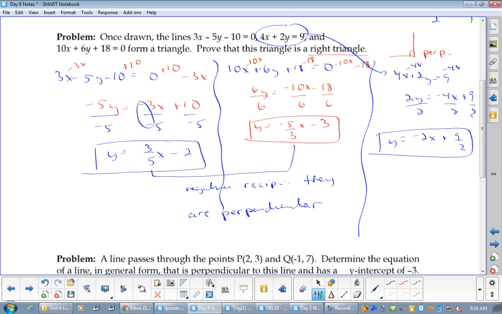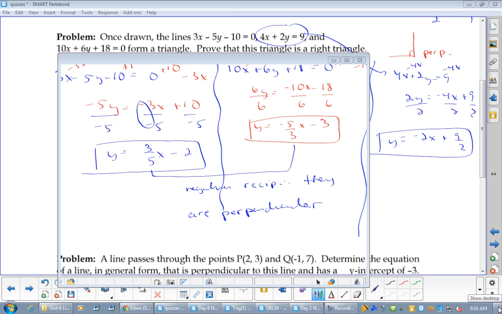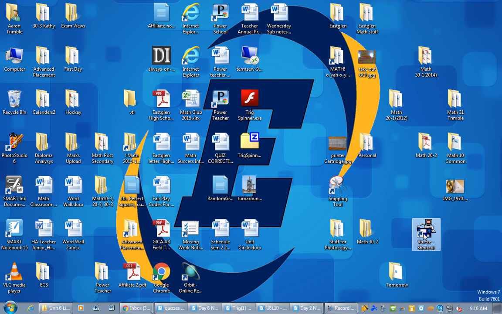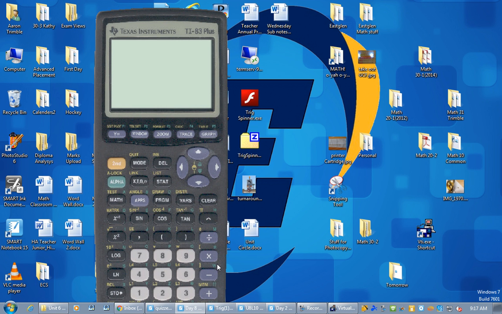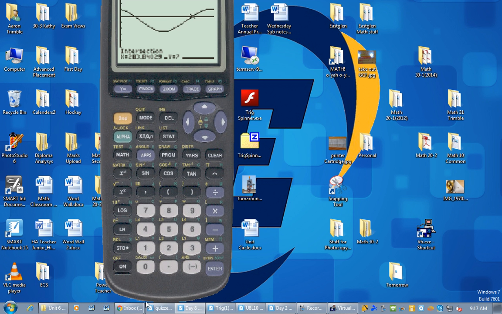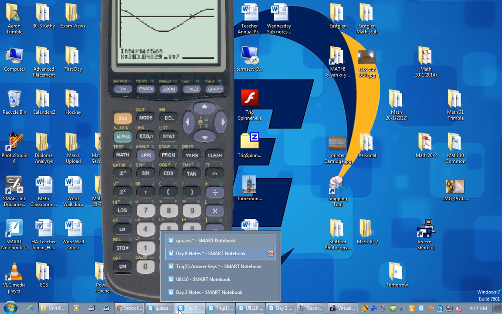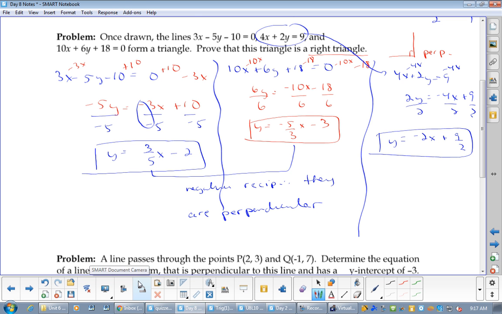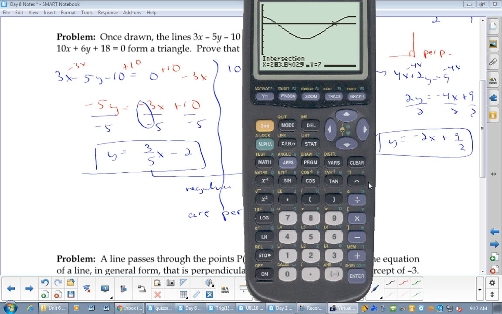Okay, and a great thing about knowing how to use your graphing calculator is putting these in. So I just got to zoom 6. Why did I do that? Shouldn't do that. I have all those other graphs in there that are going to do a lot of stupid things right now.